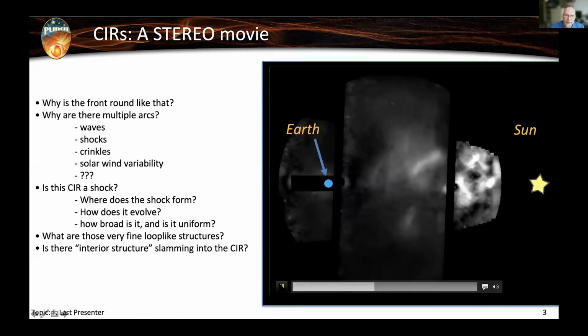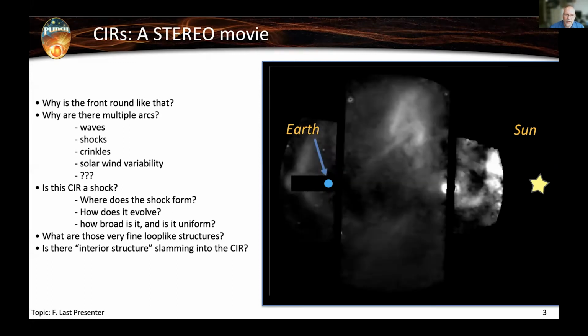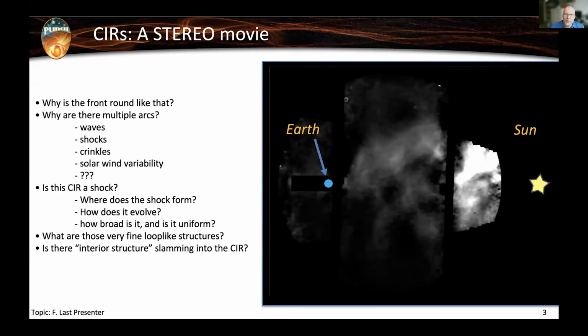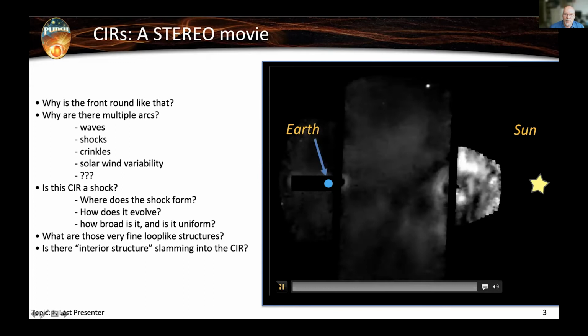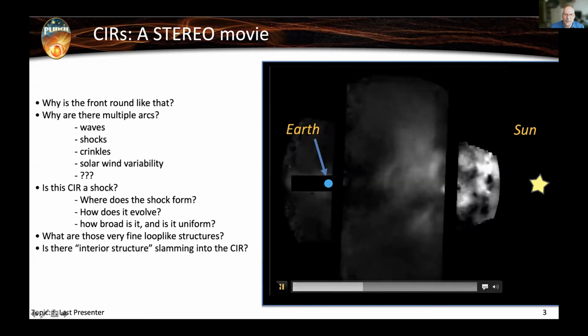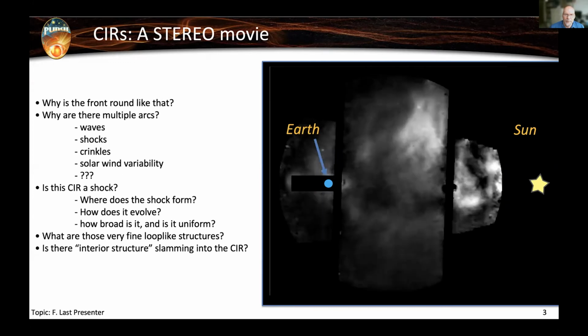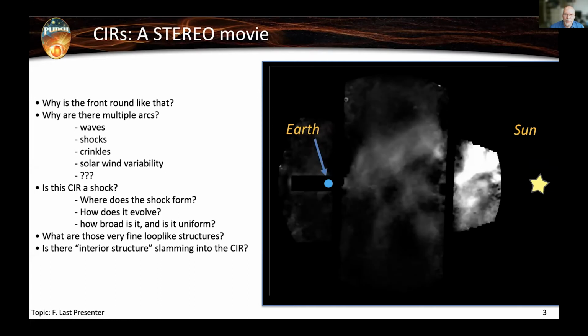If you look carefully at the structure, there are a lot of stranded structures in here that are reminiscent of coronal loops. There's one right there in the final frame. So Kurt, if you could move the cursor halfway between the Earth and the sun, and then down a little bit, a little more right.